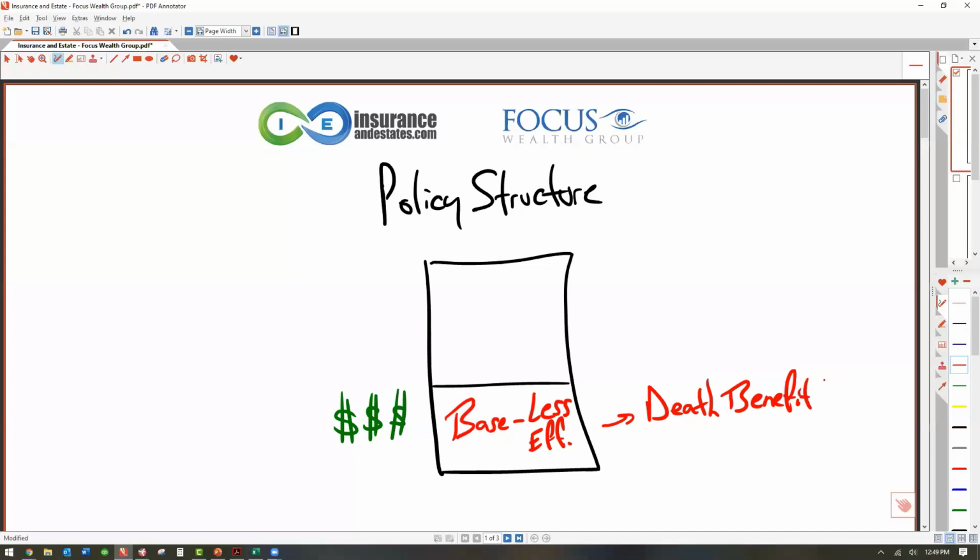Is this why a lot of people have a misnomer about slow policy growth, Barry? Yeah, absolutely. There are some so-called financial gurus out there that talk negatively about whole life insurance. Some of what they're saying might be true, but they're only shedding light on a very small portion of the story.